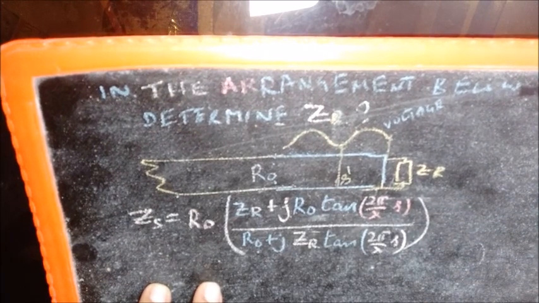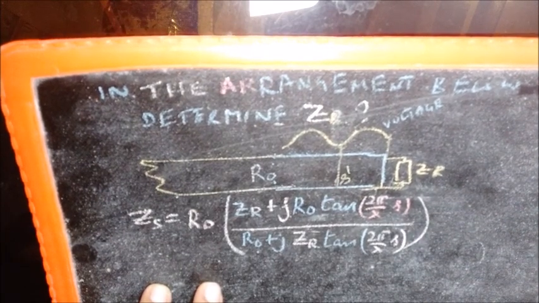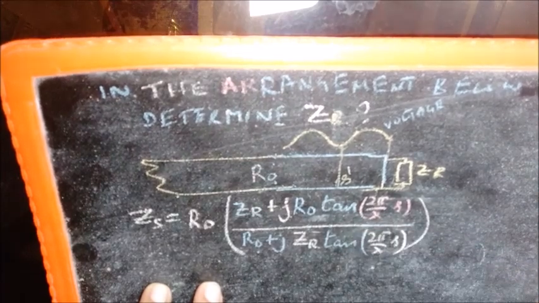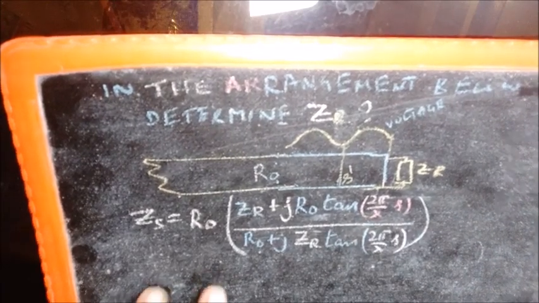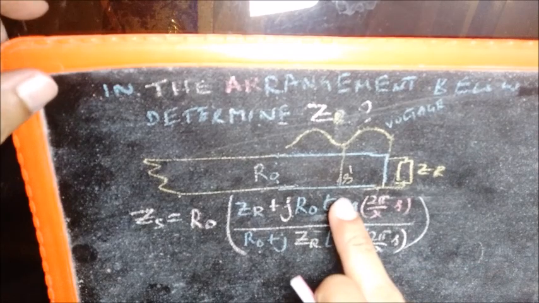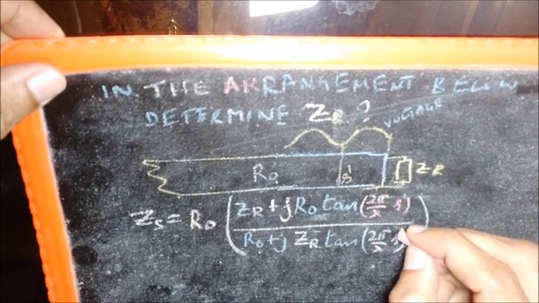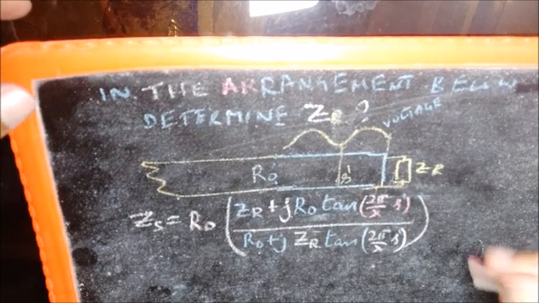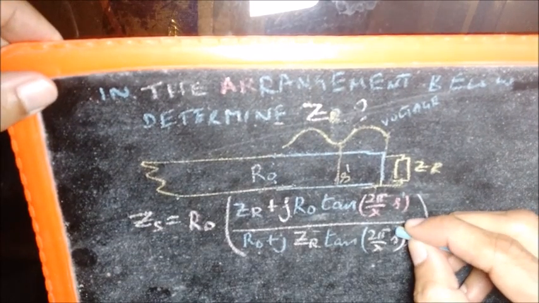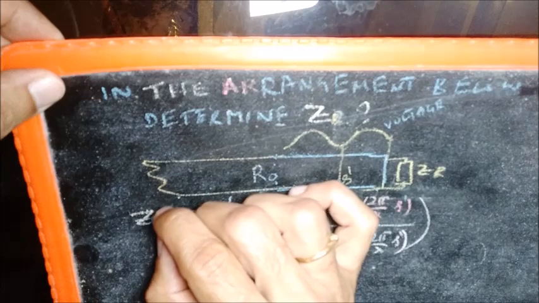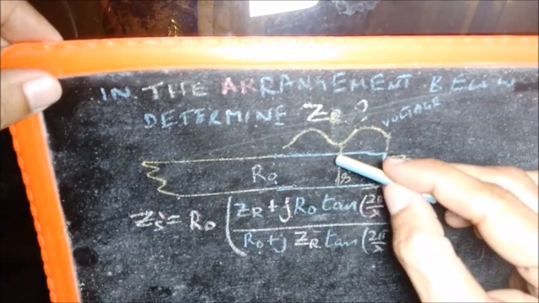So what we do is we note, among the 5 points we had discussed, that when S is equal to S dash, we have ZS dash, which is the line impedance here.